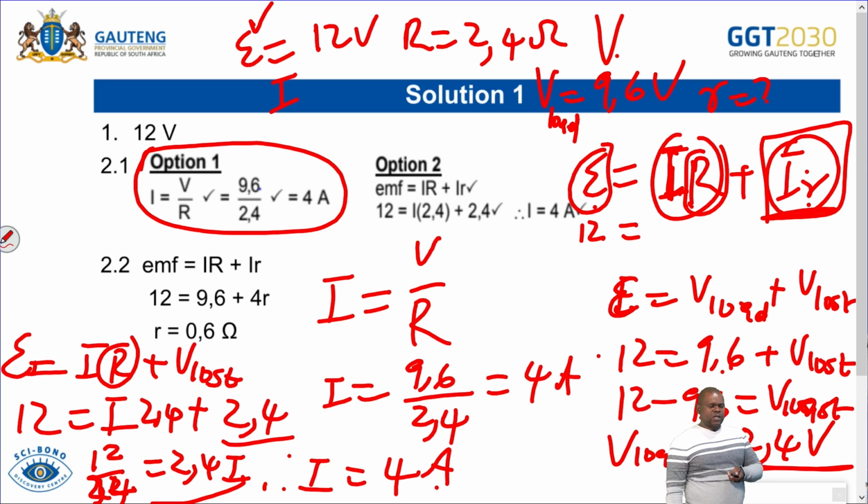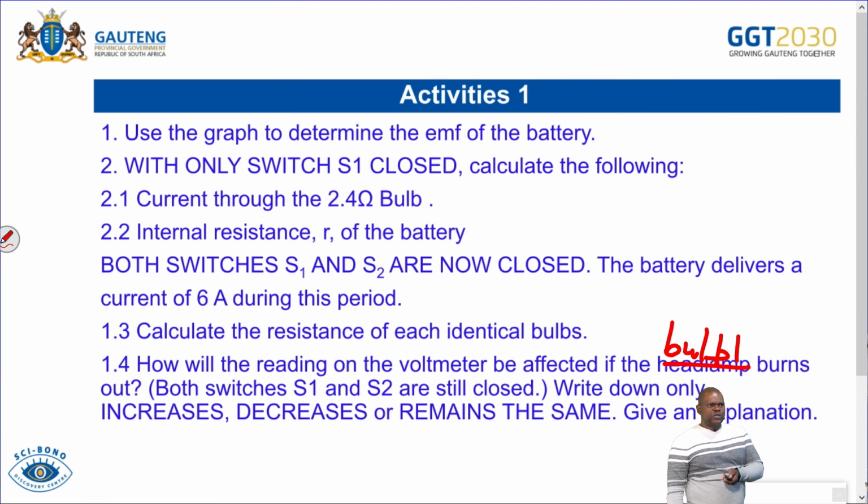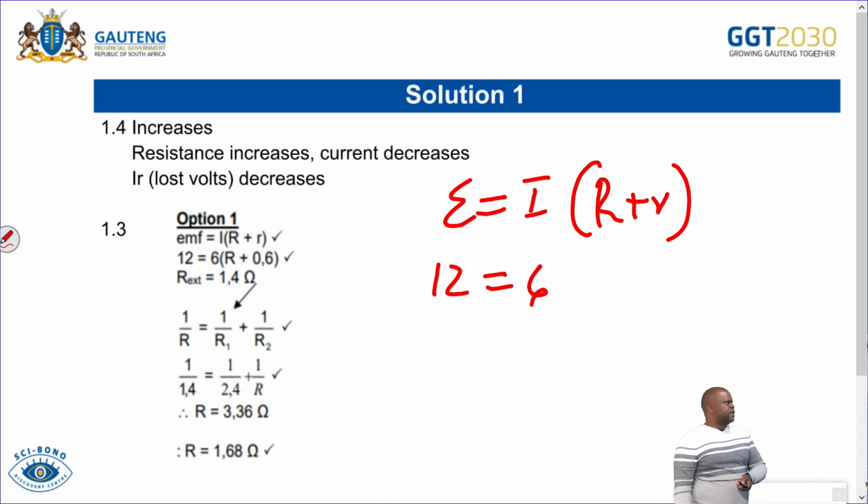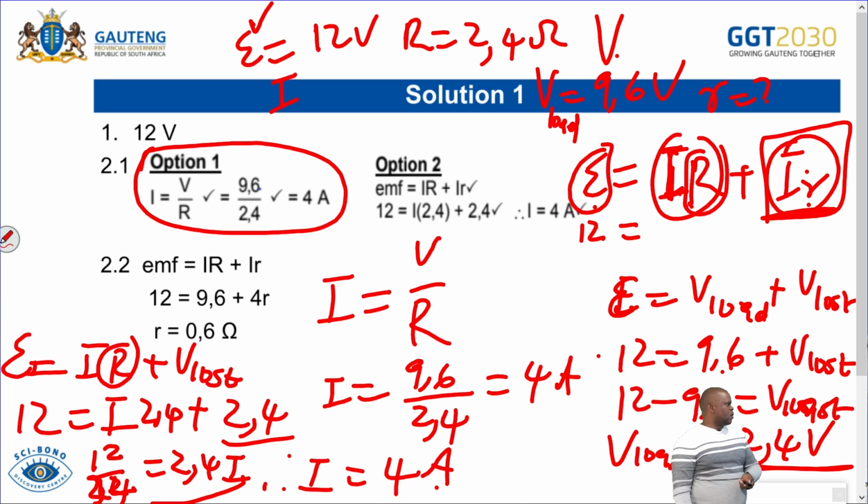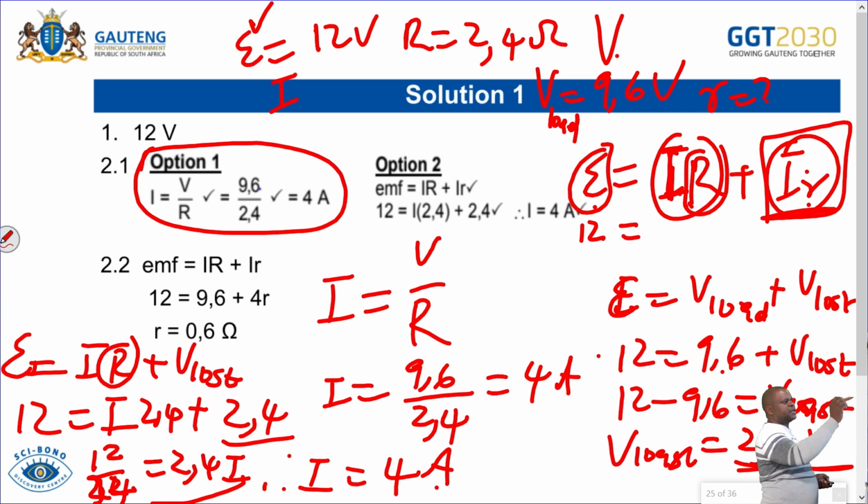Our I is equal to 4 amperes. Then 2.2, we jumped questions. Let me see 2.2. Calculate the internal resistor. How to calculate the internal resistor? We need to calculate the internal resistor. Then internal resistor, how do you get it?